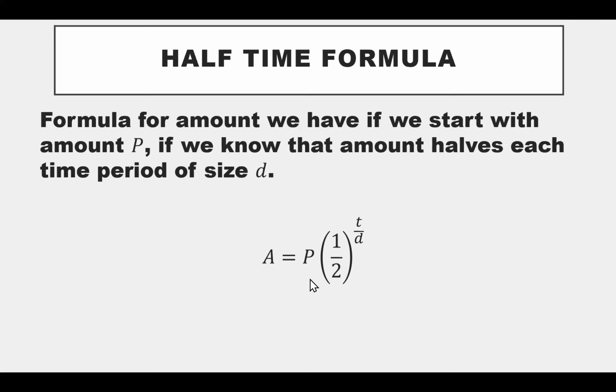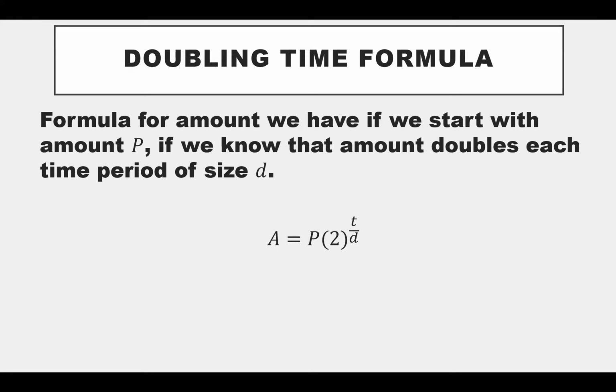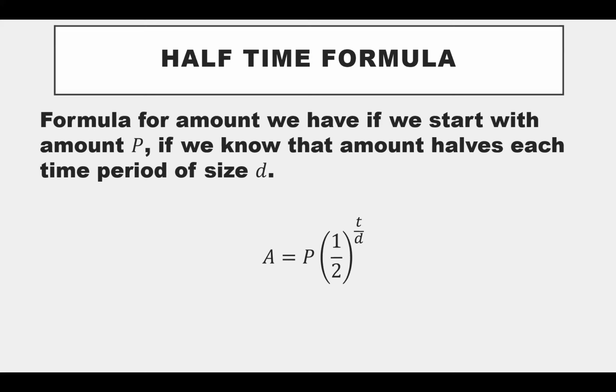If you had the time it takes to multiply by a factor of 5, you could put 5 in here and have that d be the time it takes to multiply by a factor of 5. But doubling time formulas and half-time formulas are of particular interest because people talk about doubling times and half times fairly often.